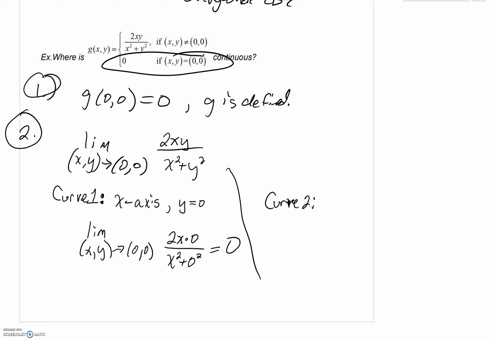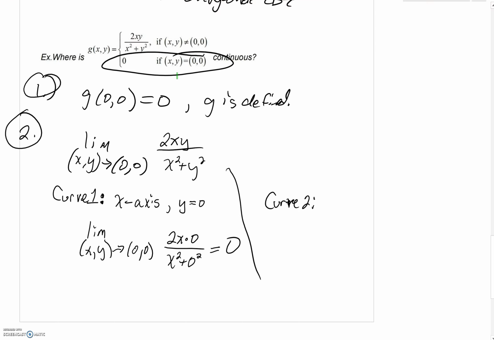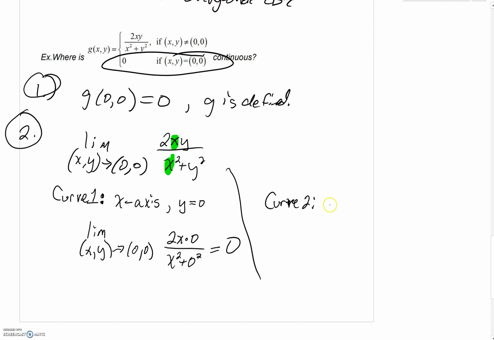But maybe this would be something to help you begin to see. If I were to let x equal y, and sometimes this just takes a little bit of thought, or likewise, let y equal x. You could go either way with that.